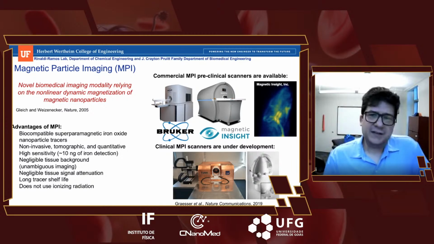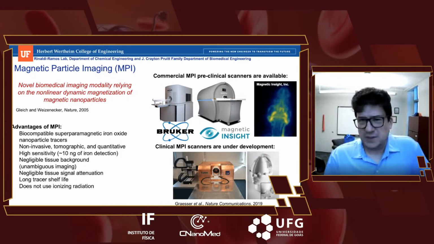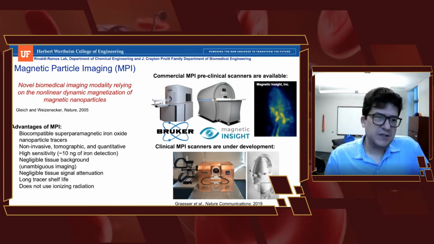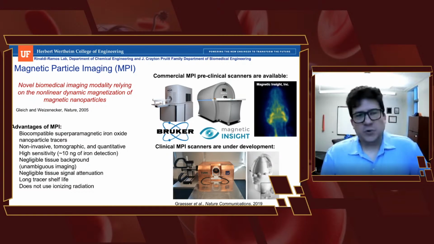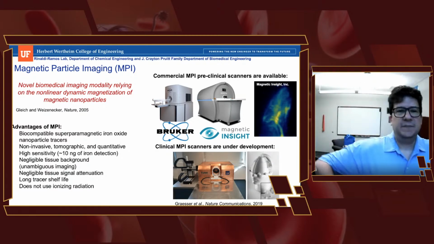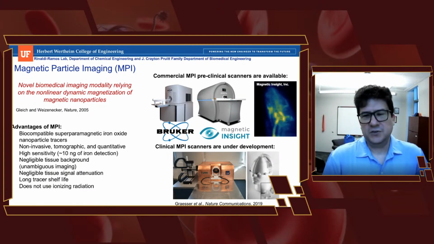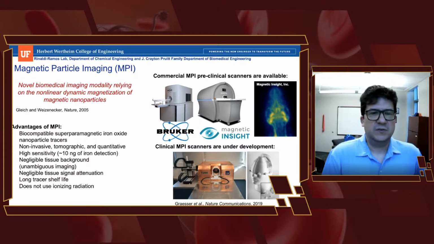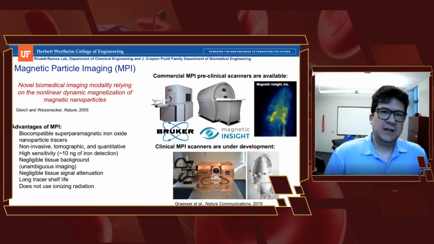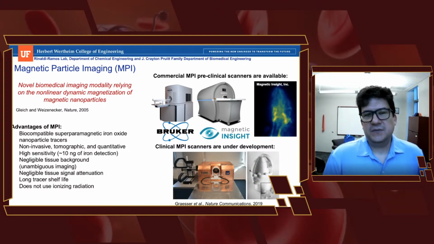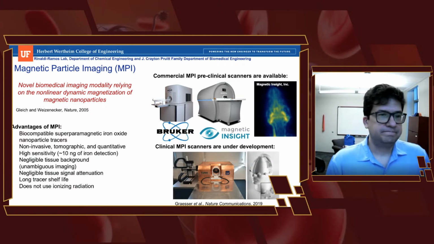And it has high sensitivity, negligible tissue background, negligible tissue attenuation, long tracer shelf life. And even though it was first reported in 2005 as a concept, there's been rapid development of hardware, and there are 2 commercially available preclinical scanners. And there are also several groups that are working feverishly on developing clinical scale scanners. So it's a relatively new and exciting field, especially for those who've worked with magnetic nanoparticles before.